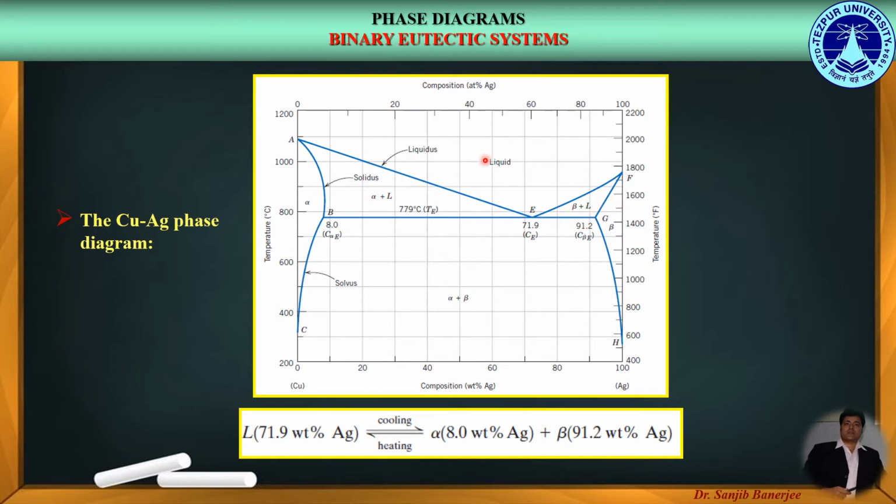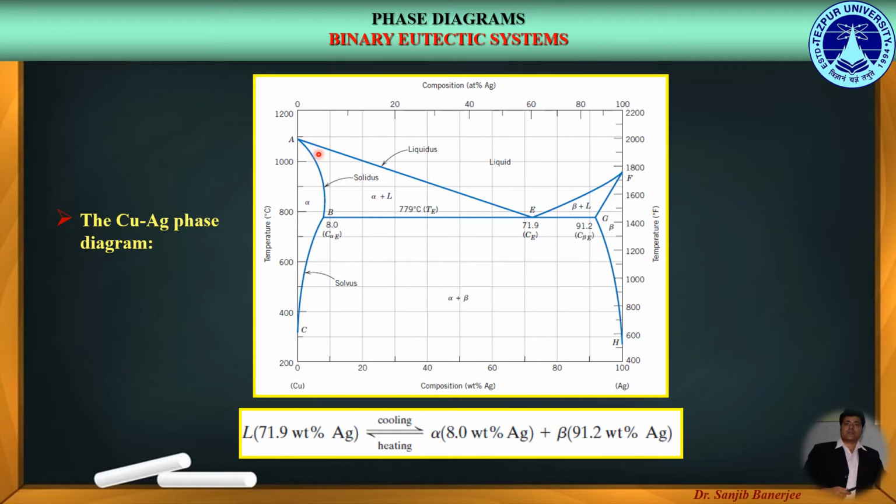Here we get the uniform liquid phase, that is the liquid solution of copper and silver, and over here in between the alpha and beta phases, we get a combination of alpha plus beta phases.